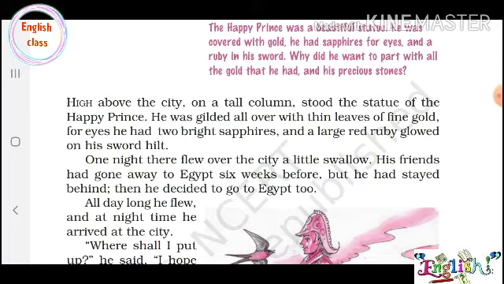A swallow flew over the city because the friends of swallow, a bird, had gone to Egypt 6 weeks before. Here Egypt is a country in Africa, and that is situated in northern part of Africa. But he had stayed behind. But the swallow was left behind, and he decided to go to Egypt too.